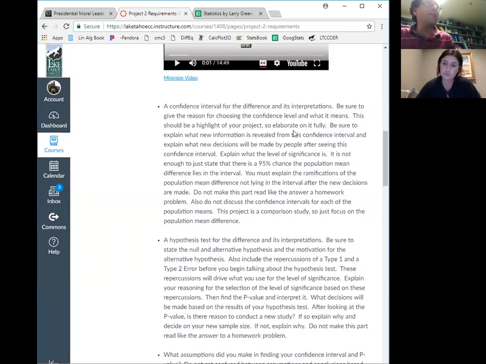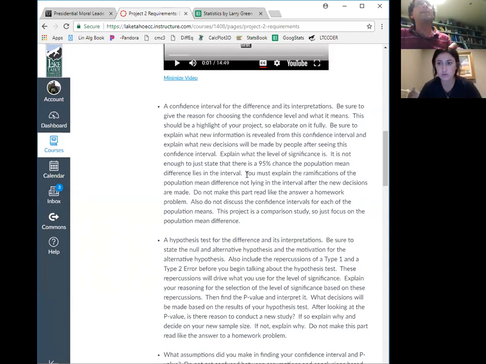It's not a complete requirement, but it's a strong recommendation, like in the last project, because then you can describe what the client needs to do after seeing this confidence interval. So that's what it's all about: talk about what you're going to do after seeing that. After seeing the standard error, what decisions might be made. After seeing the confidence interval, what decisions will be made.